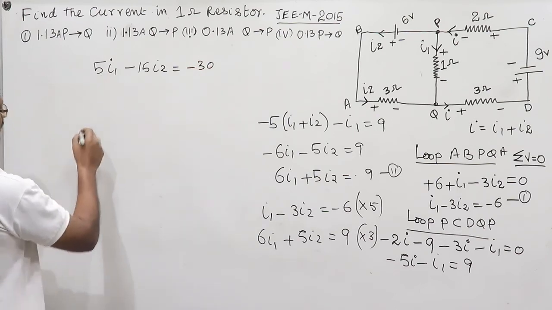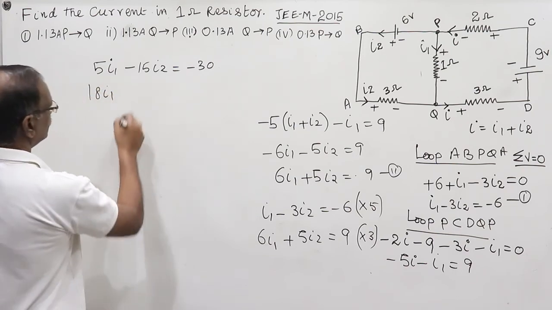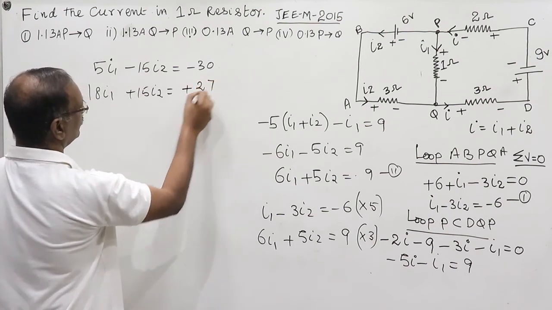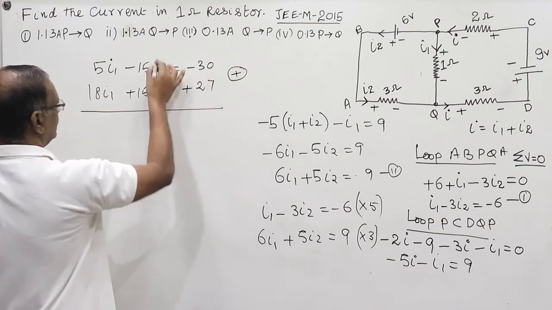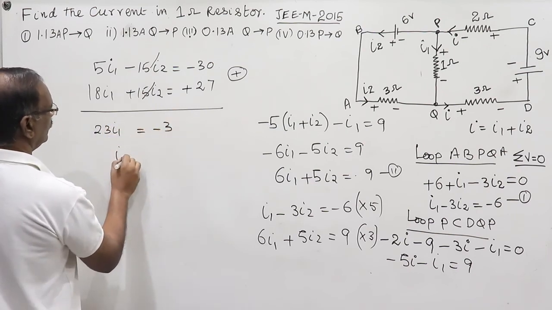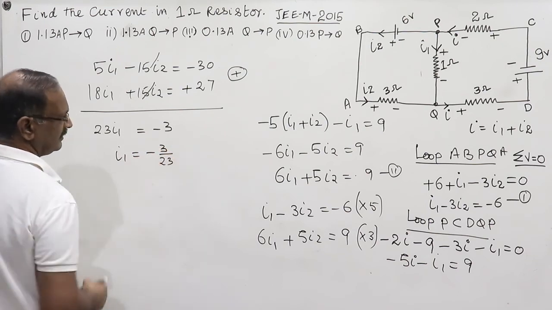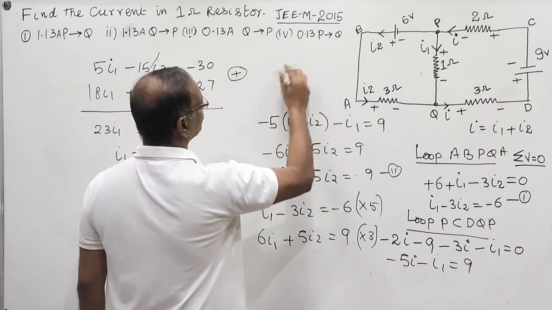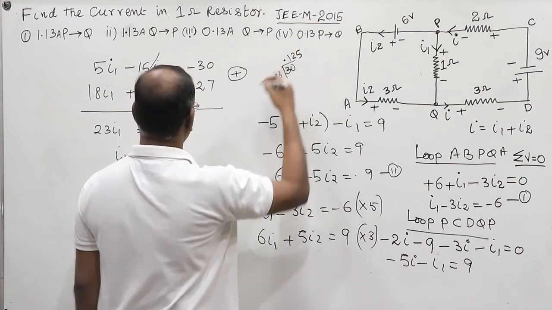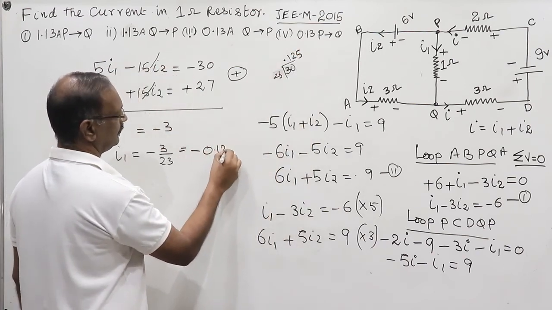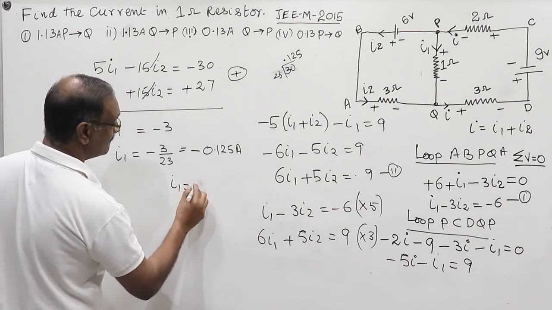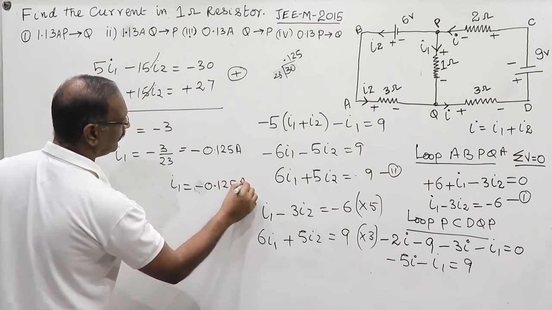Multiplying the second equation, we get 18I1 plus 15I2 is equal to 27. Adding both equations, the I2 terms cancel, that is 23I1 is equal to minus 3, or I1 is equal to minus 3 by 23, which is minus 0.125 ampere. Therefore I1 is equal to minus 0.125 ampere. This is the answer we got.